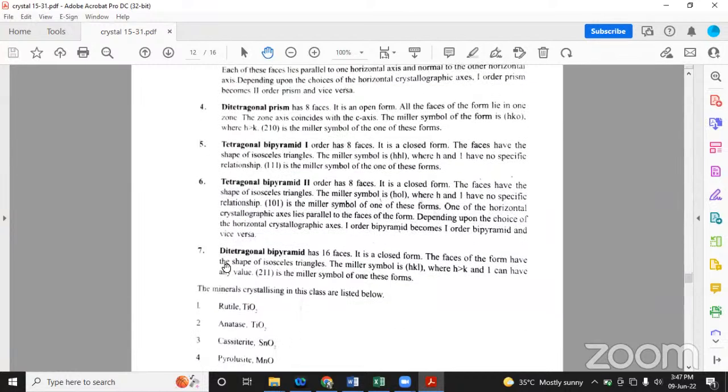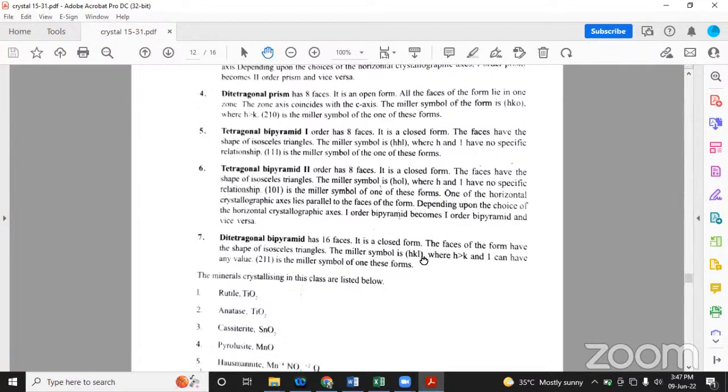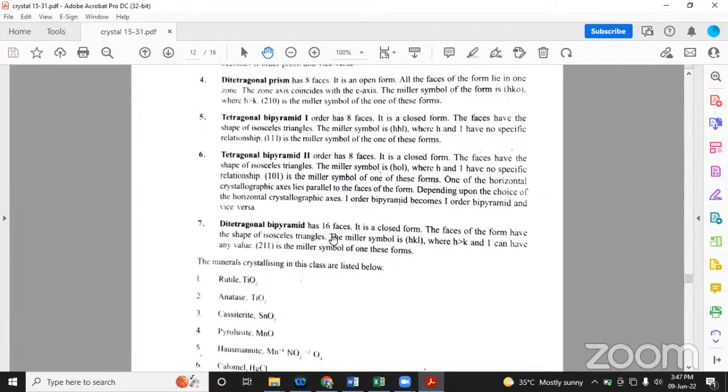Come to the ditetragonal bipyramid, which has 16 faces. The ditetragonal bipyramid class having 16 faces is also a closed form. It's an isosceles triangle. The Miller symbol is HKL.